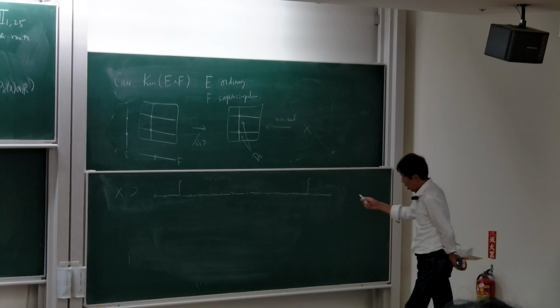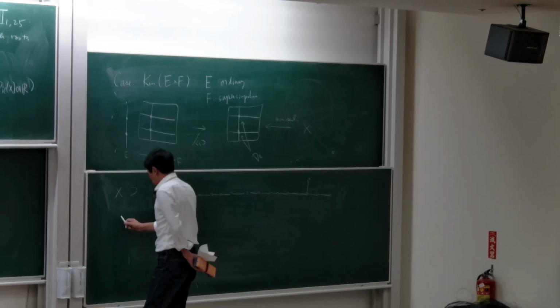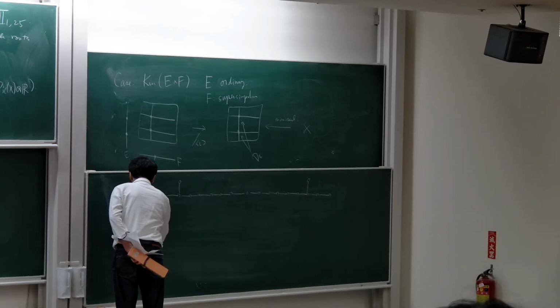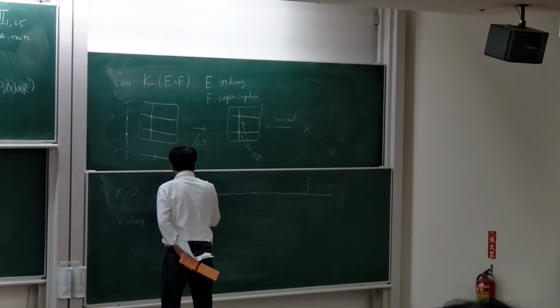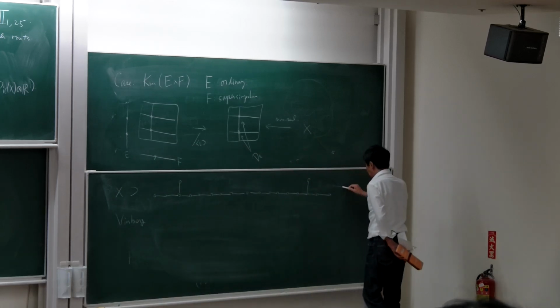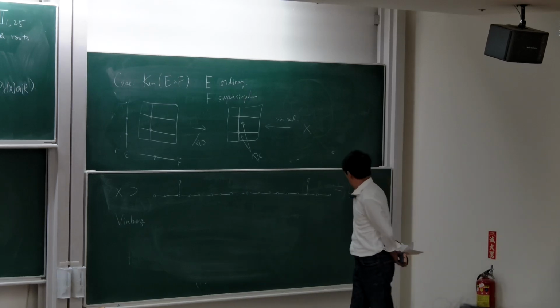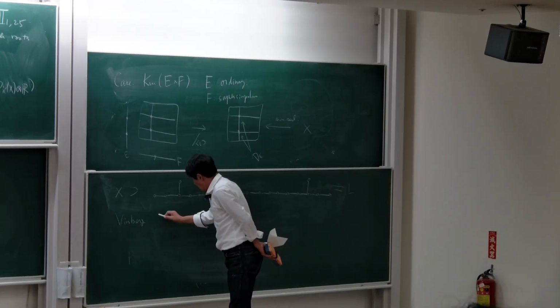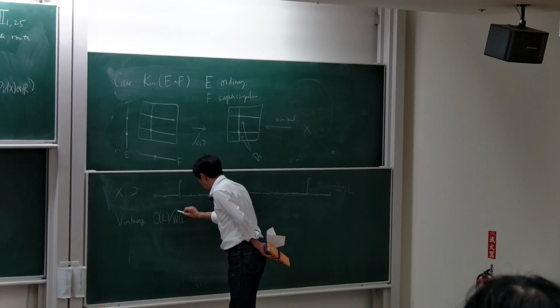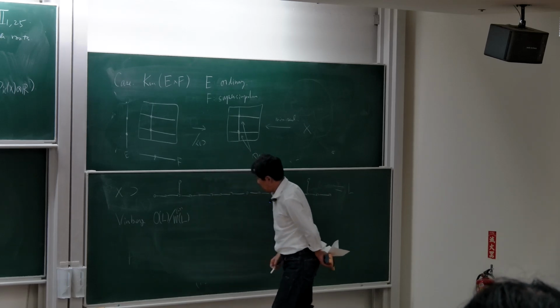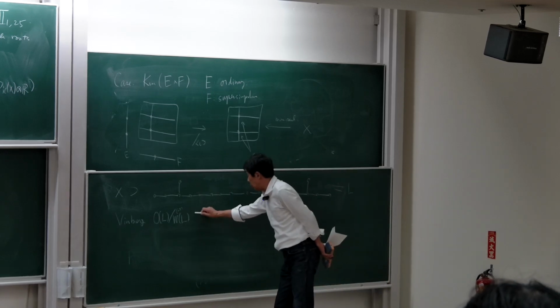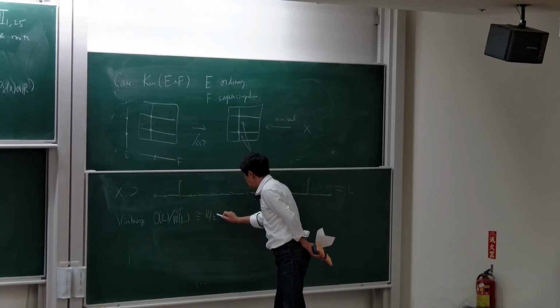But Vinberg showed this, so I denote the lattice generated by these minus 2 vectors. Then also the discriminant group divided by this one is isomorphic to G over 2G.